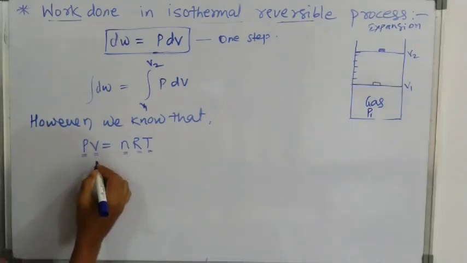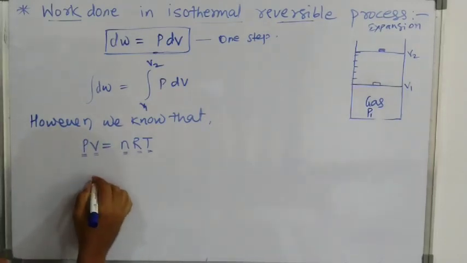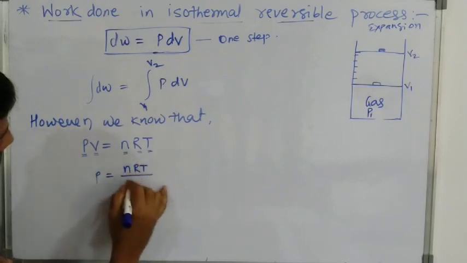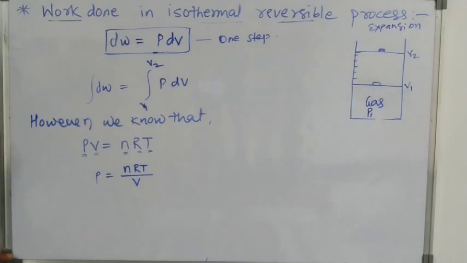This equation we can write as P is equal to nRT upon V. We can simplify this equation in this form.